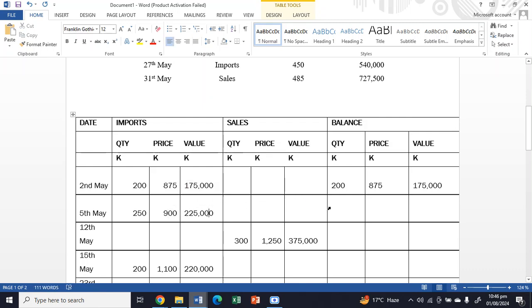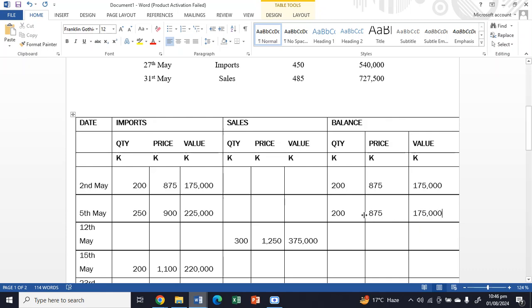Now, this is where the average costing method is going to come into play. Because originally we had 200 goods, each costing 875 kwacha, total value 175,000 kwacha.